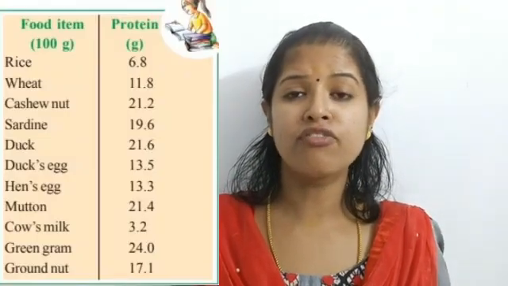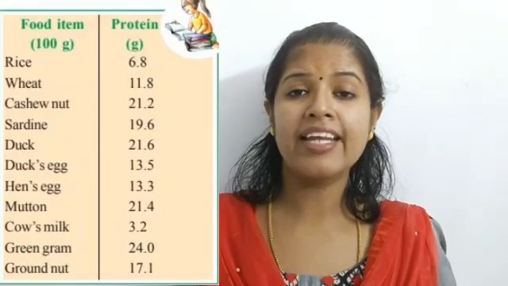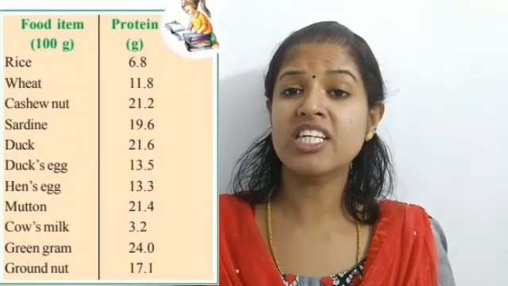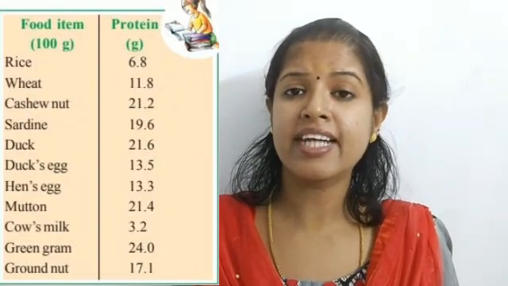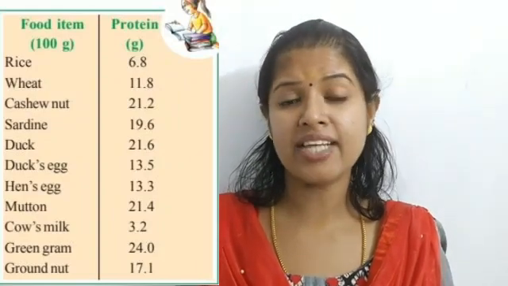So you have to include more proteins in your diet like meat, fish, then green peas, green gram, Bengal gram. All this you have to include in your diet. See, children, you can see the chart of the food items and how many grams of proteins they contain.